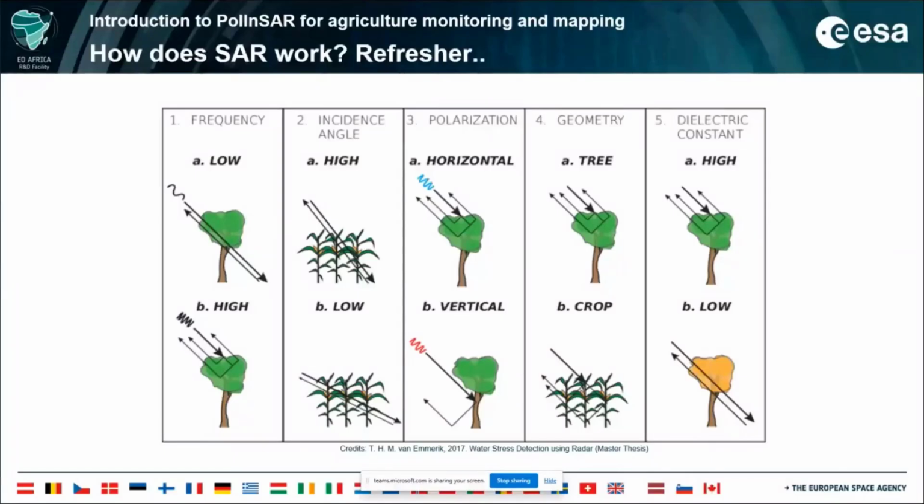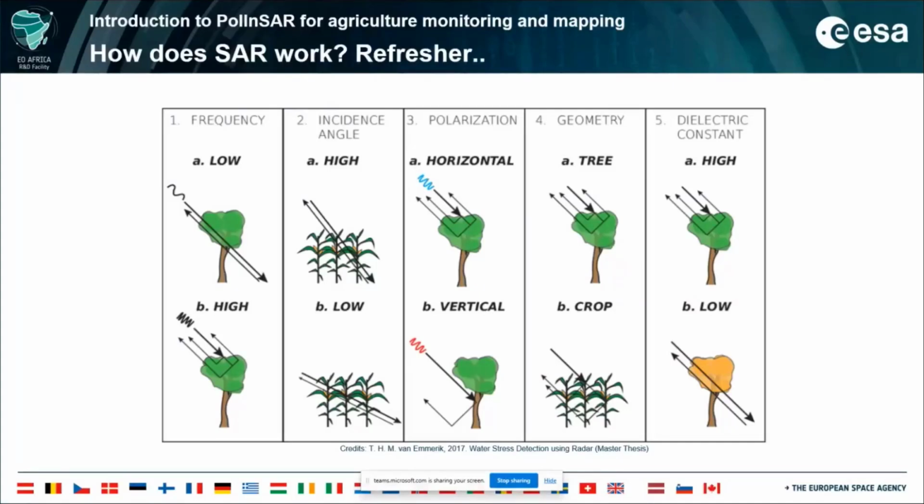The incidence angle is the second concept. It provides information about the backscatter that varies with crop height and leaf angle distribution. So larger angles increase sensitivity to canopy structure and water content, for instance.